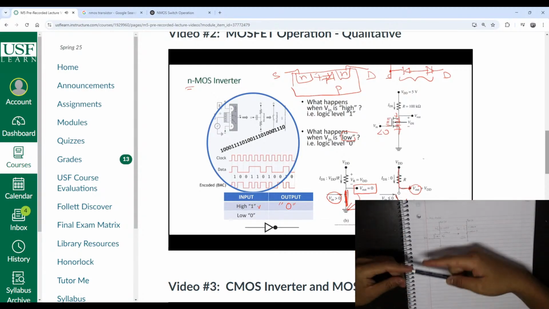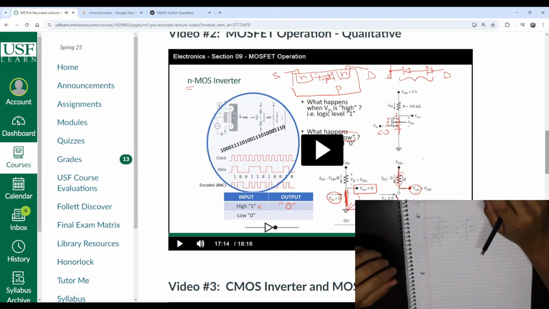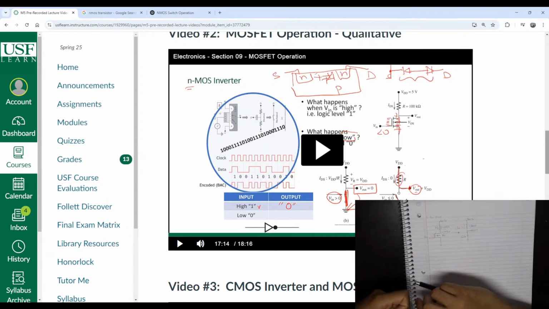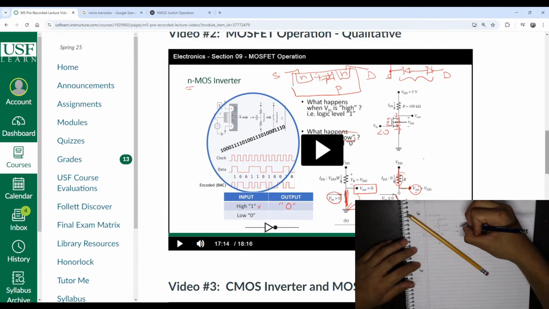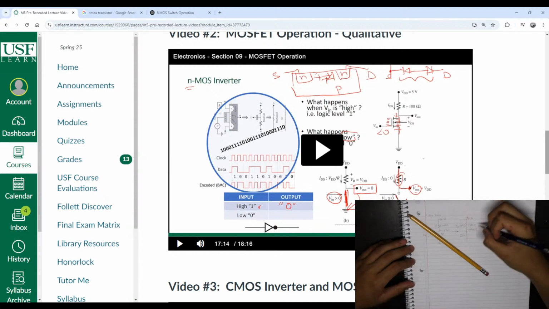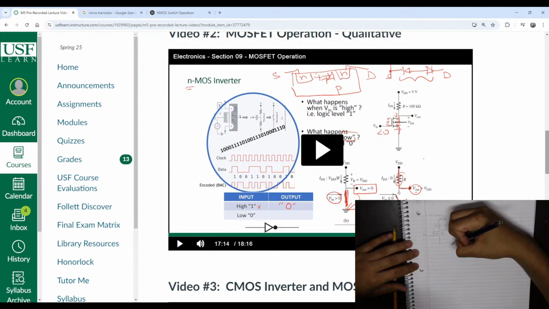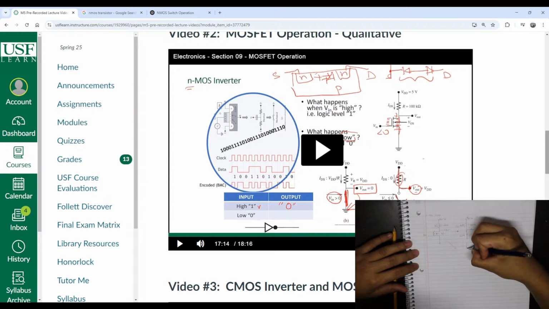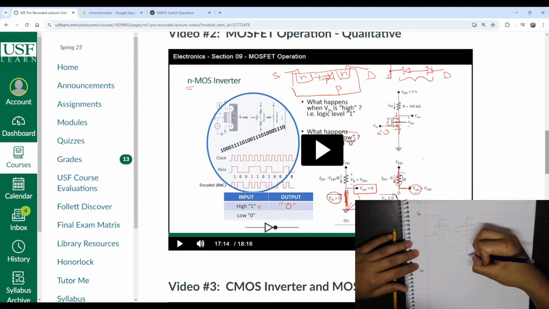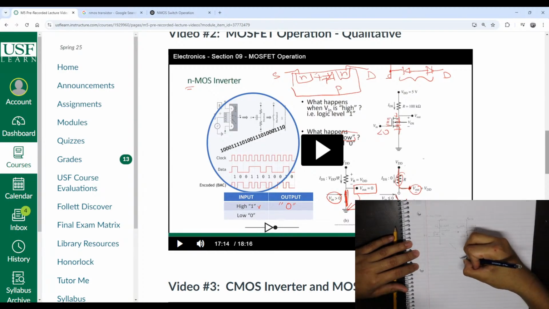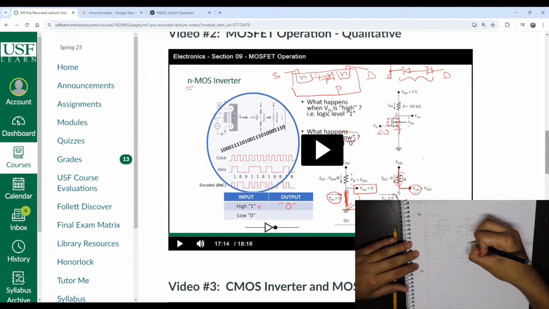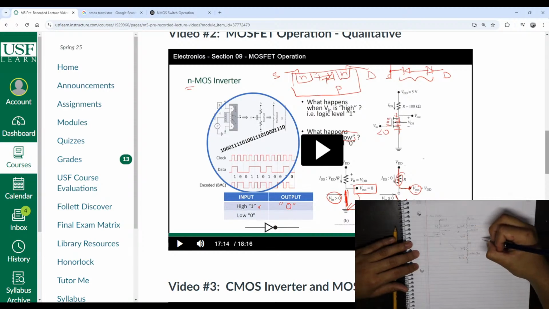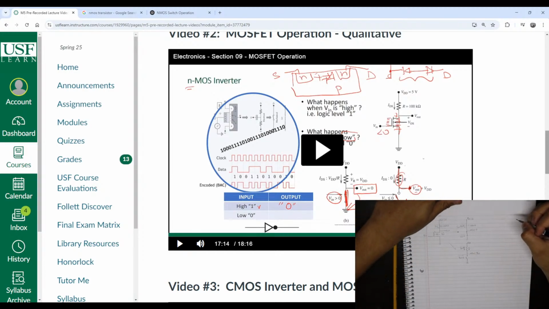Since this is open, there won't be any current flowing, so there is no drop across the resistor. The output will be equal to VDD.